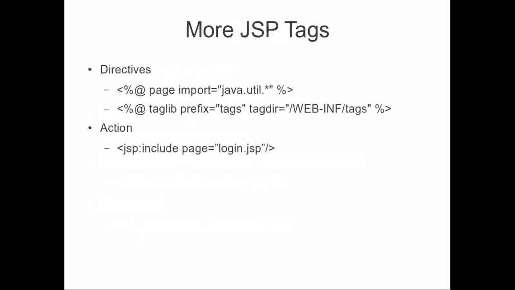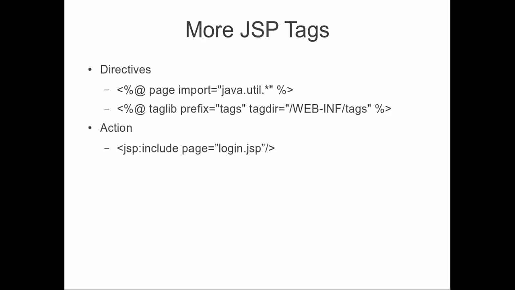There's a few other JSP tags that we have. Directives have an @ sign, and these basically talk about how the page is going to be rendered or handled in general. So some of our import statements will be in here if we need to use ArrayList or other things or packages that we've written. We might import CT390.